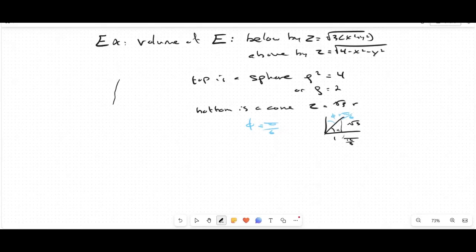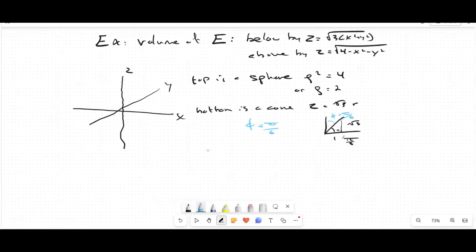We try to sketch this. We have that pi over 6 angle. Cone.